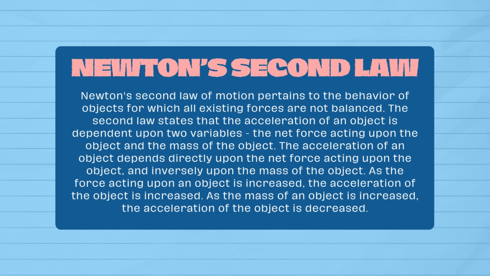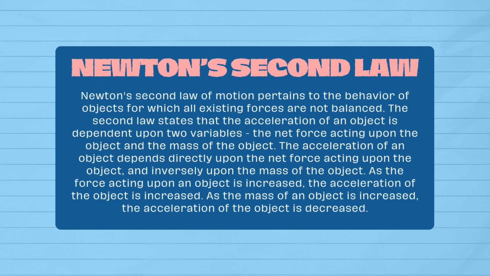The second law states that the acceleration of an object is dependent upon two variables: the net force acting upon the object and the mass of the object. The acceleration of an object depends directly upon the net force acting upon the object, and inversely upon the mass of the object. As the force acting upon an object is increased, the acceleration of the object is increased too.